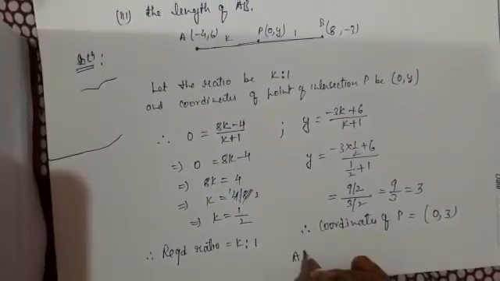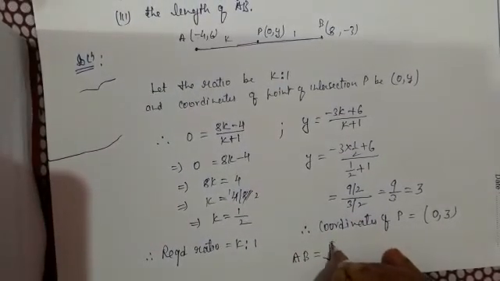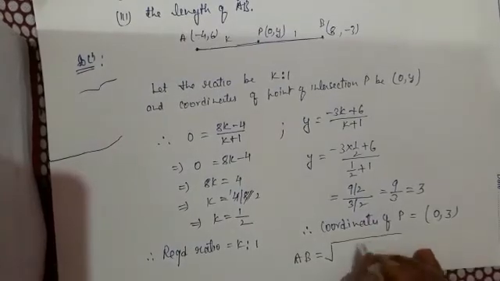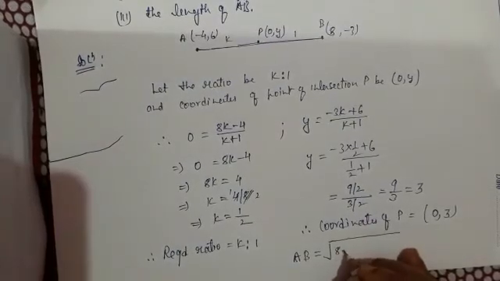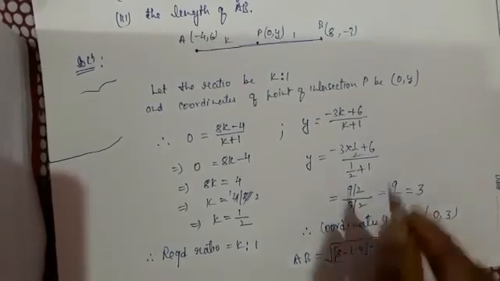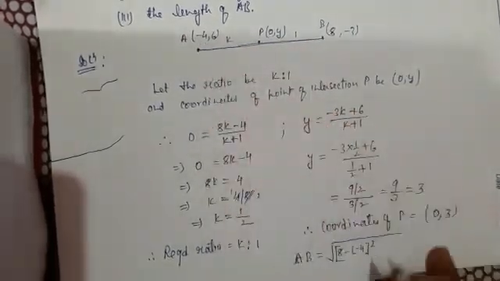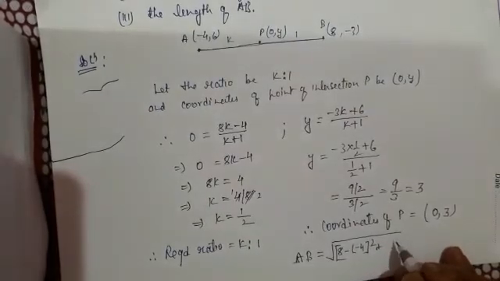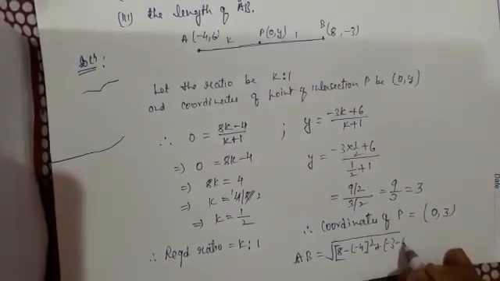Now, we have to find the value of AB. So, applying distance formula, AB is equal to root under (8 minus minus 4) the whole square plus (minus 3 minus 6) the whole square.